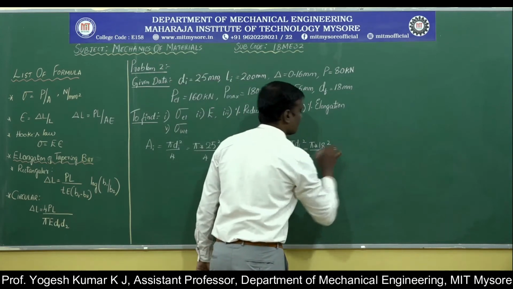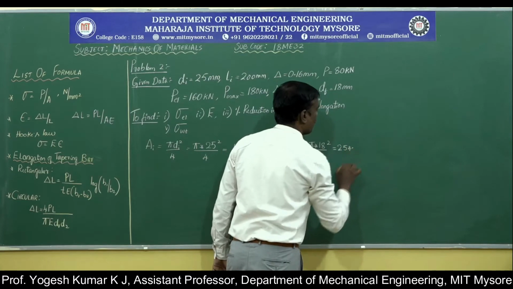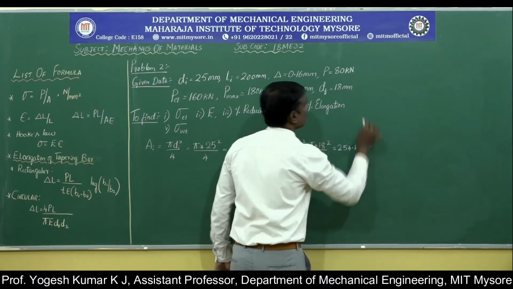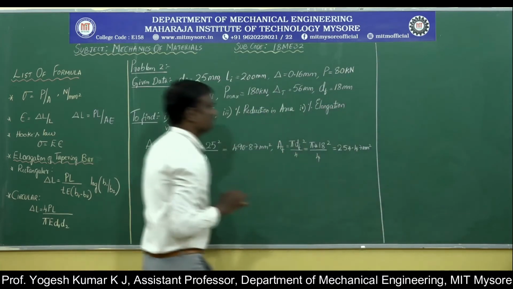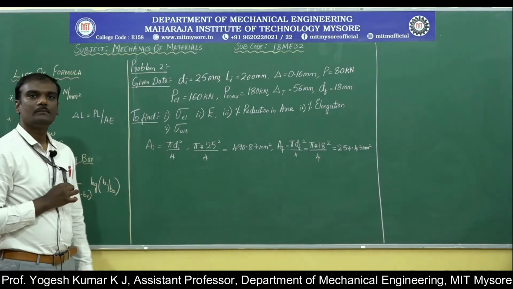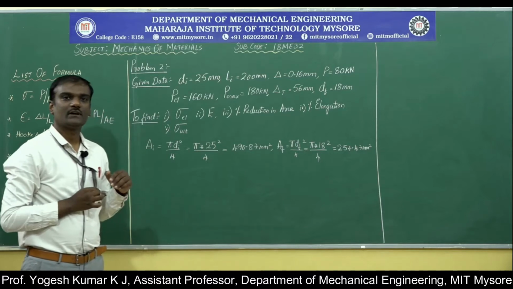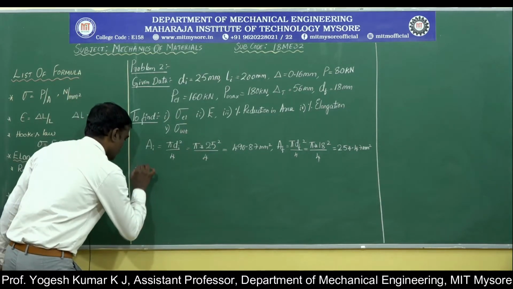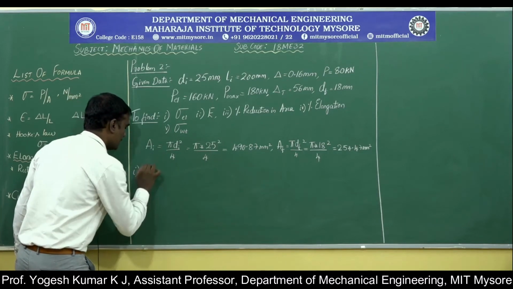On solving this in the calculator, we get 254.47 mm square. So, this is the initial prerequisite for solving our problem. Let us start with the first case: stress at elastic limit, or elastic stress.